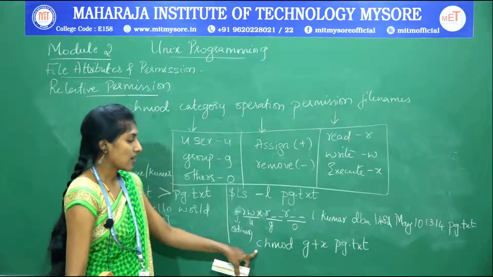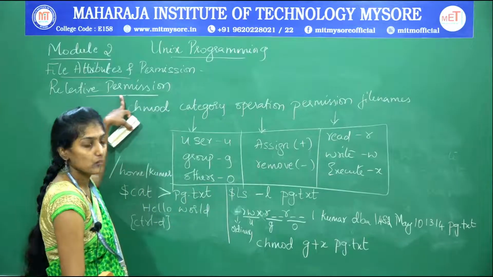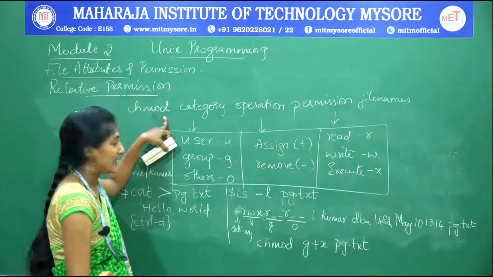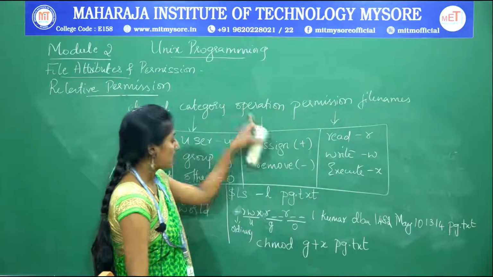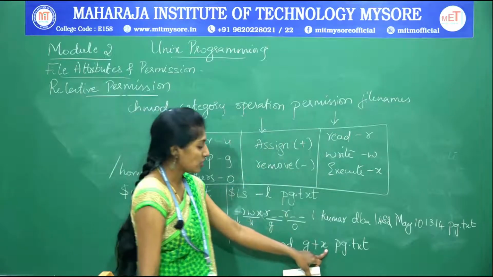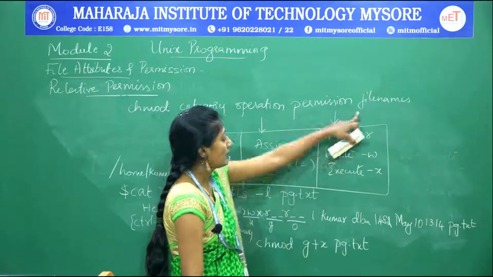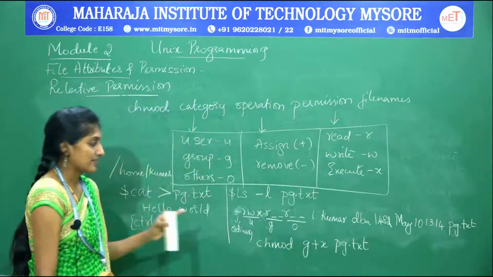Okay, so this is how you assign the permission using a relative permission mode based on the syntax. chmod, then the category is group, the operation is plus, that is assign, and the permission is execute permission you are providing for this group, and the file name is pg.txt. So this is how you assign it.